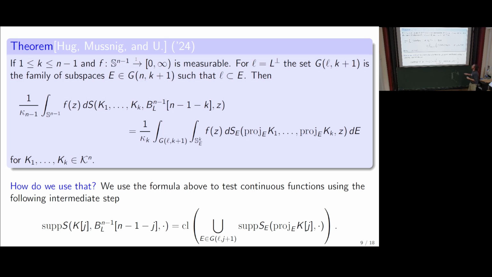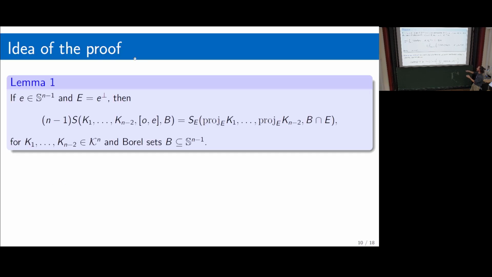What I will do is show you a quick idea on how to prove this result now. So we need two lemmas. The first one, which starts to explain why something lower dimensional appears, is the following. If we have this mixed surface area measure, then, for example, if you're familiar with a projection body, plugging a segment inside a mixed volume gives you the measure of the projections.